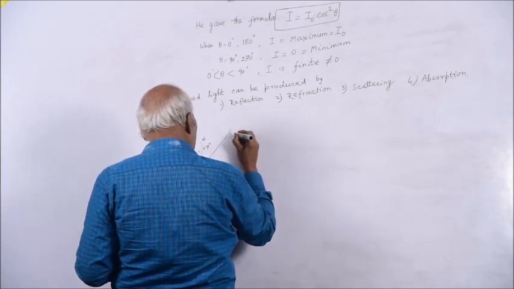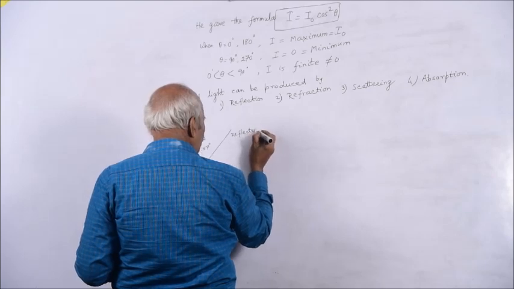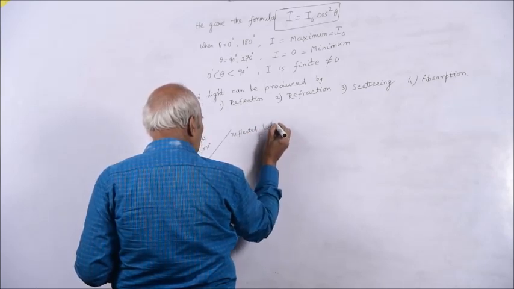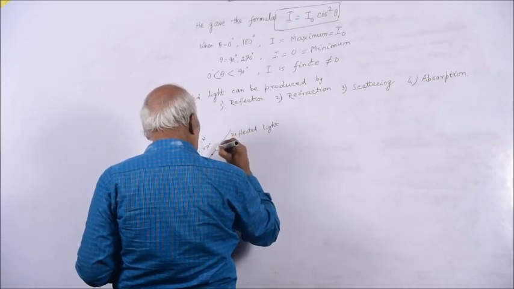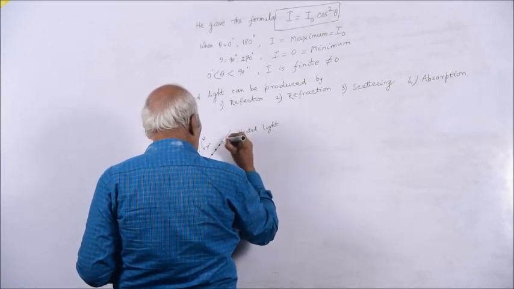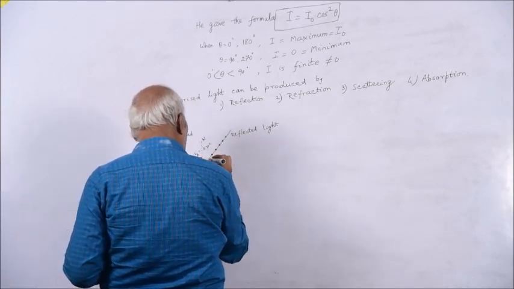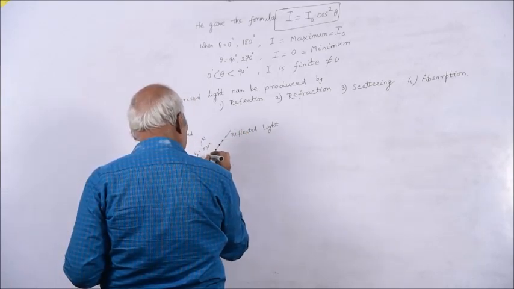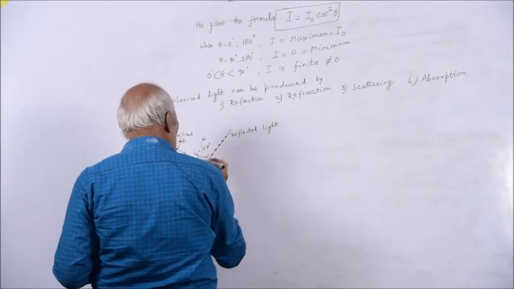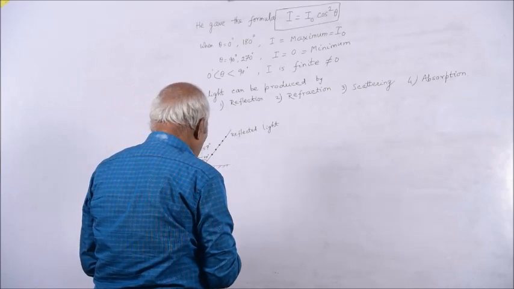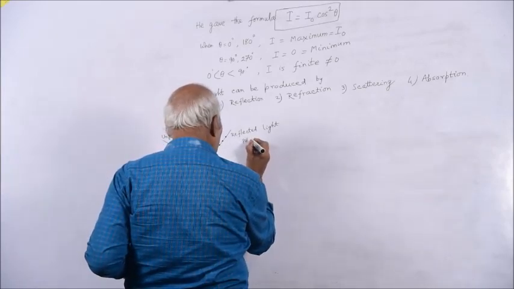then the reflected light is found to consist of the vibrations that are perpendicular to the plane, and that is polarized.